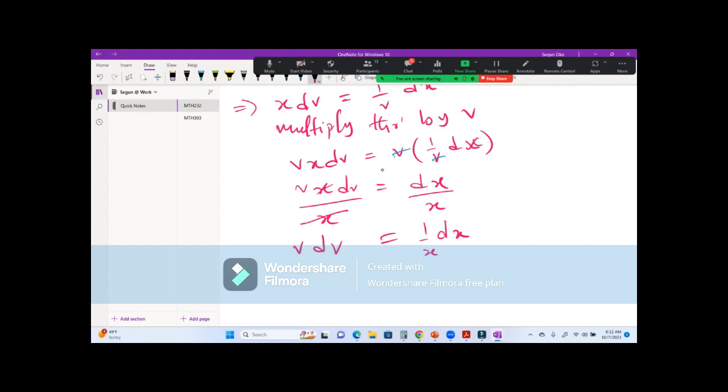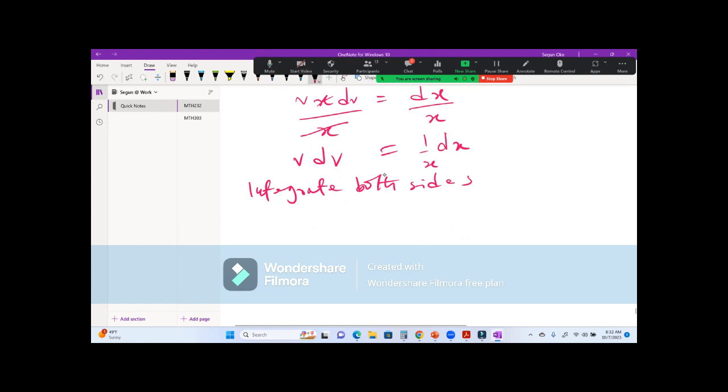So all we need to do is just to integrate both sides. When you integrate both sides, what do you have? Integral of v dv equals integral of 1 all over x dx. So when you integrate v dv, what do we have here? You have v squared over 2, right?